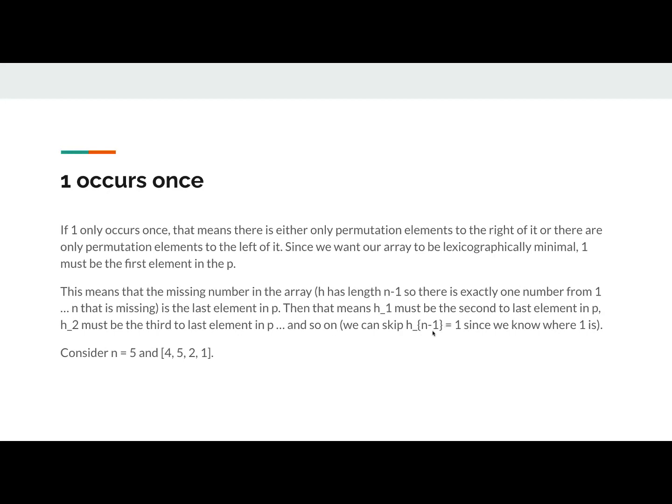And then we can skip H of n minus 1 equals 1 since we know where the 1 is. And with this, we can generate the entire permutation. In the example I gave, the final permutation will end up being 1, 2, 5, 4, 3, which I did not write down. So that's the case where the number 1 only occurs once.